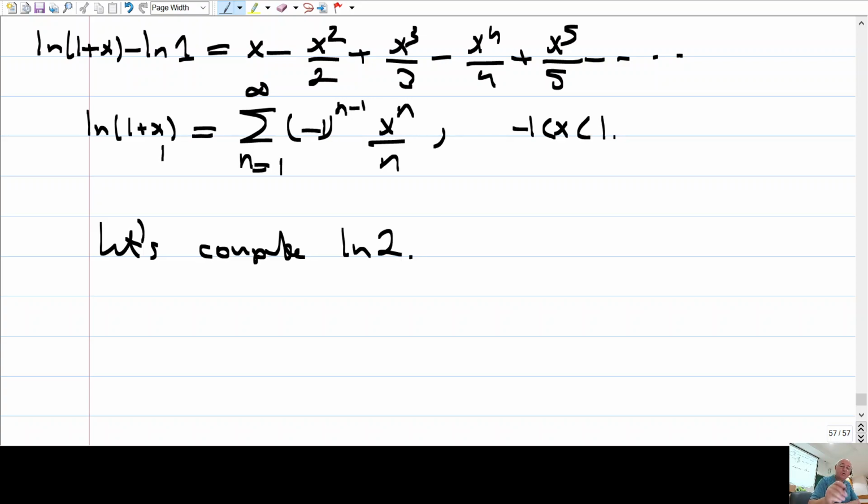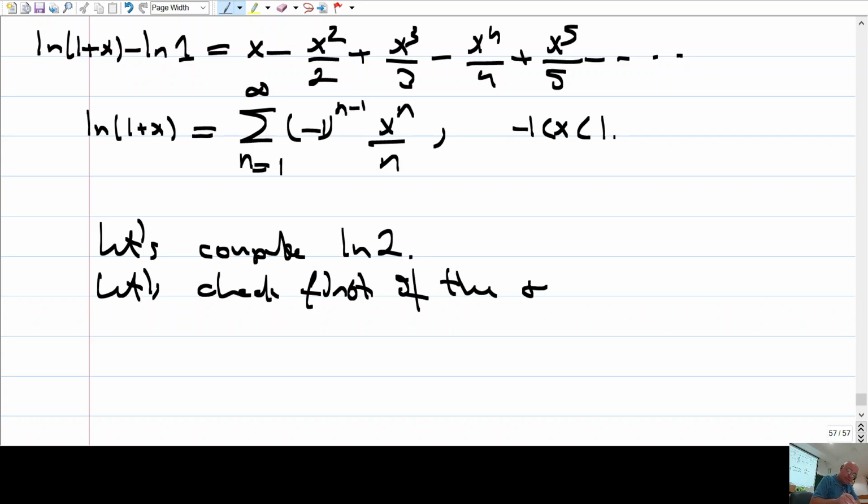Okay, so Abel's theorem guarantees that. So let's check first if the series is convergent at the end points.